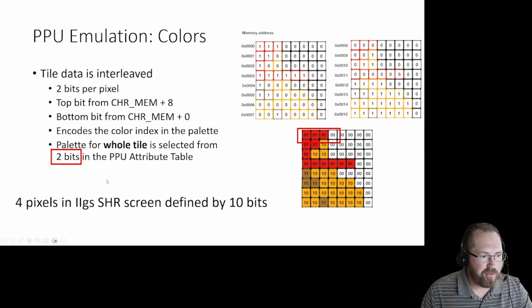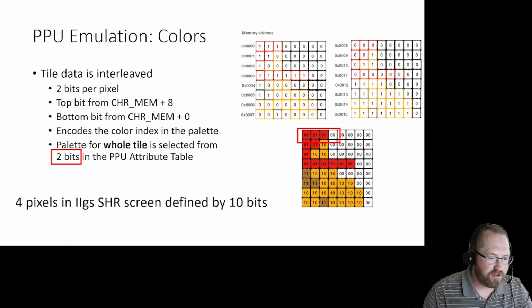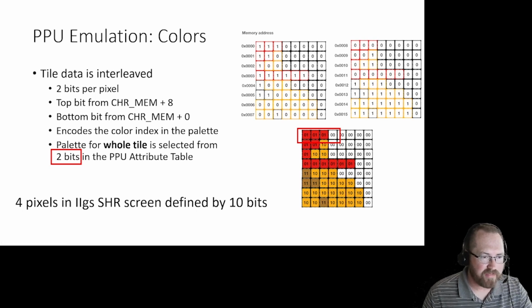Now, what's interesting about this is the most efficient way to get data onto the 2GS screen is to do things 16 bits at a time, so 4 pixels at a time. Well, 4 pixels in NES space are defined by just 8 bits, 2 bits per pixel, and because everything is arranged in tiles, the tile has an attribute.